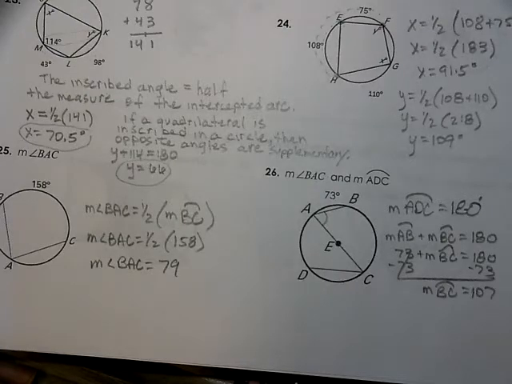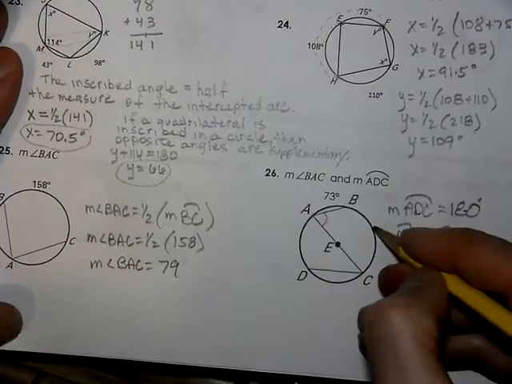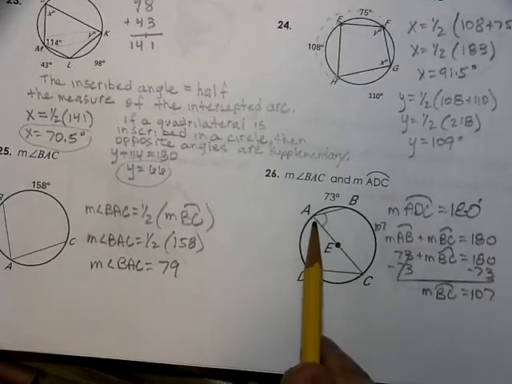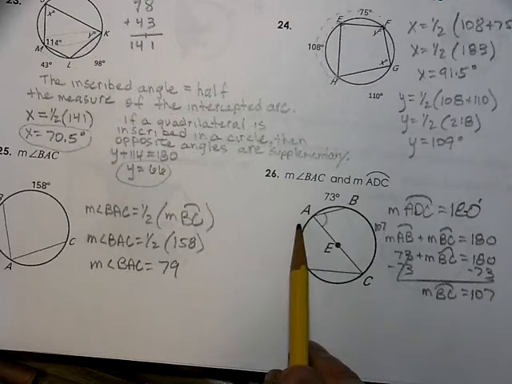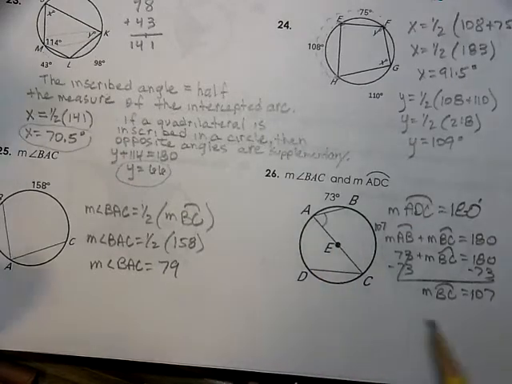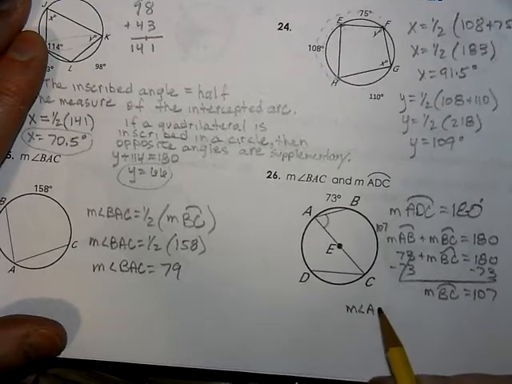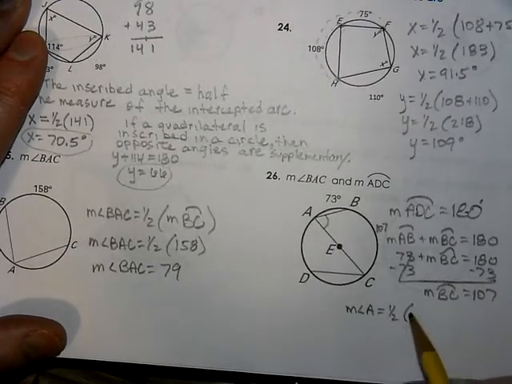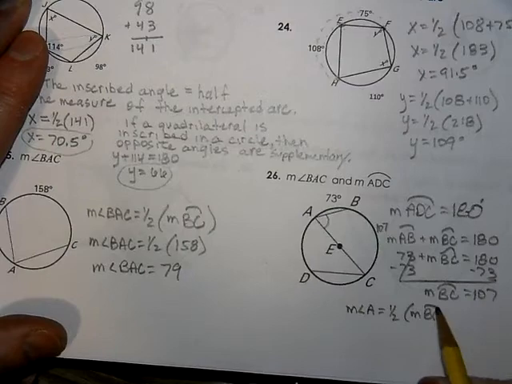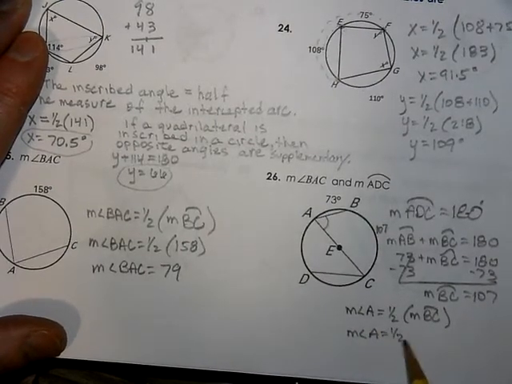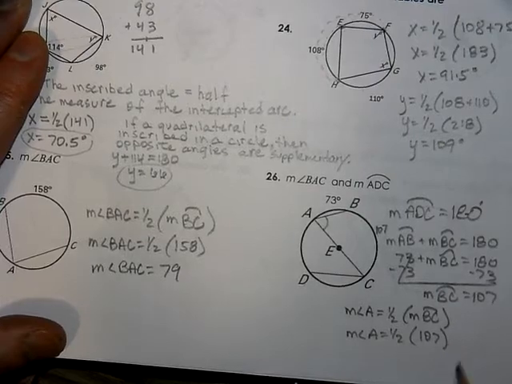That adds up to 180. So if this is 107, then we know the inscribed angle equals half of the intercepted arc. The measure of angle A equals half of the measure of arc BC. Measure of angle A equals half of 107.